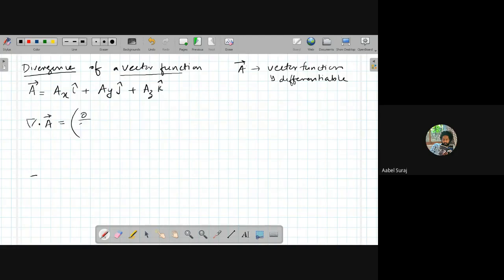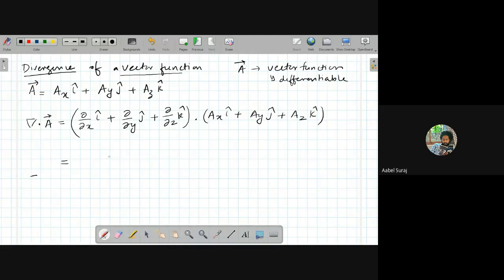It is dou by dou x into i cap plus dou by dou y into j cap plus dou by dou z into k cap, dotted with Ax i cap plus Ay j cap plus Az k cap. So del dot A will be, you know how to do it.